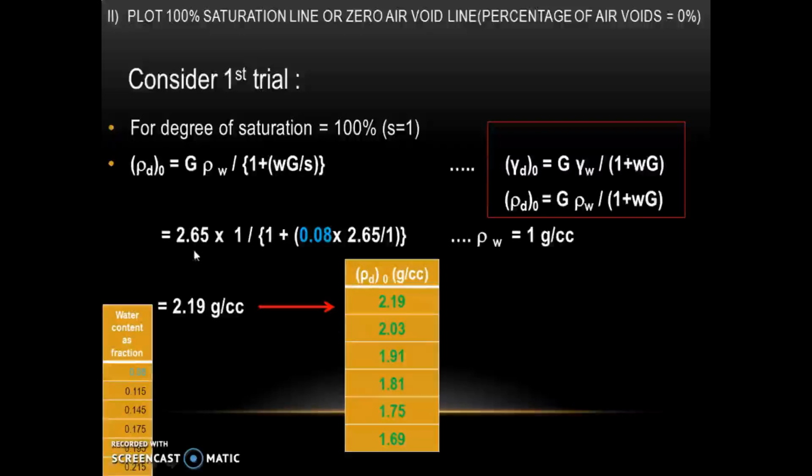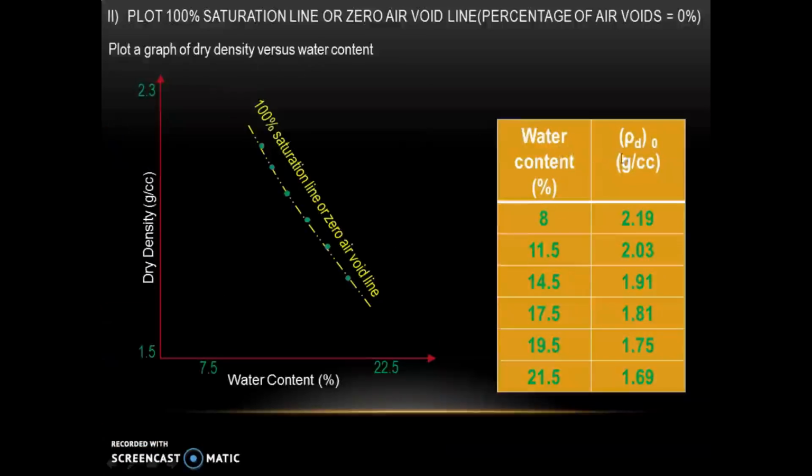For the second trial, all the values will remain the same except the value of water content. So 0.08 has to be replaced by 0.115 for the second trial to get the value of rho d naught as 2.03. These steps have been repeated to get values of rho d naught for the rest of the 4 trials. So we have got the values of rho d naught for corresponding water content.